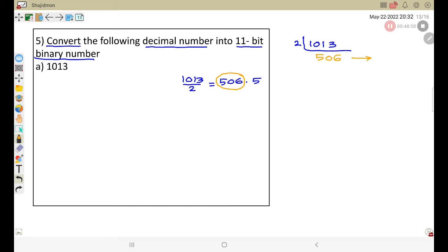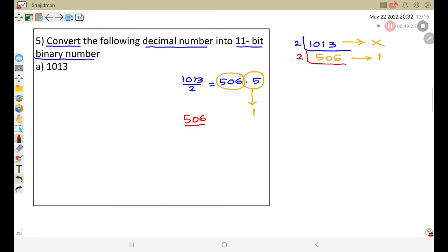Okay, remainder 0.5 means what will be the remainder? 1. Okay, so we can write 1 here. 0.5 means 1. Okay, as I told you, first portion is empty, nothing is there. Second portion only we are starting.